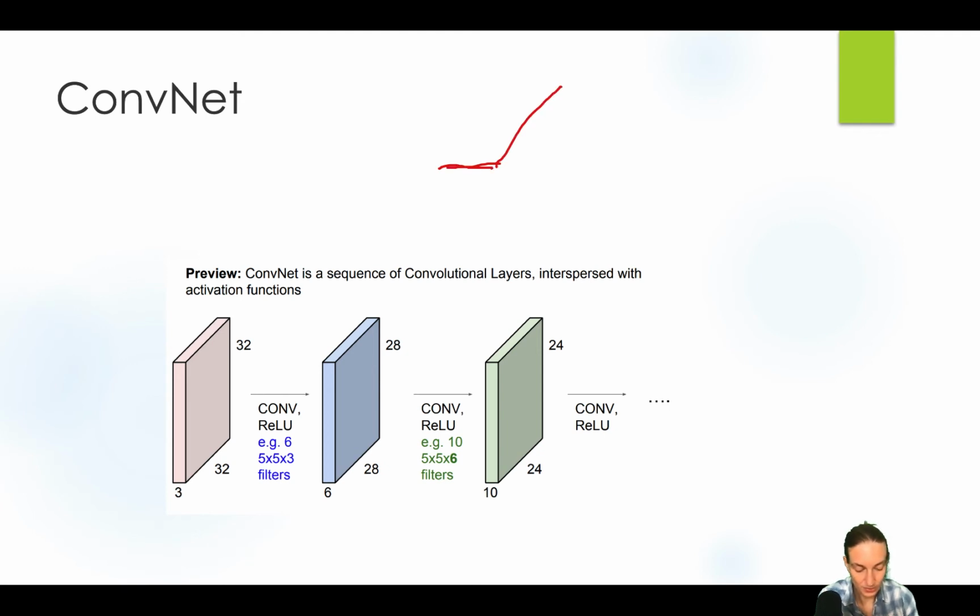It's 0 when x is smaller than 0, and it's linear afterwards, y equals x. At each step, when you have 6 filters, you get 6 feature maps, then you have 10 filters, you get 10 feature maps, etc. And we notice a small decline in the resolution each time. I'll talk more about that in a second.